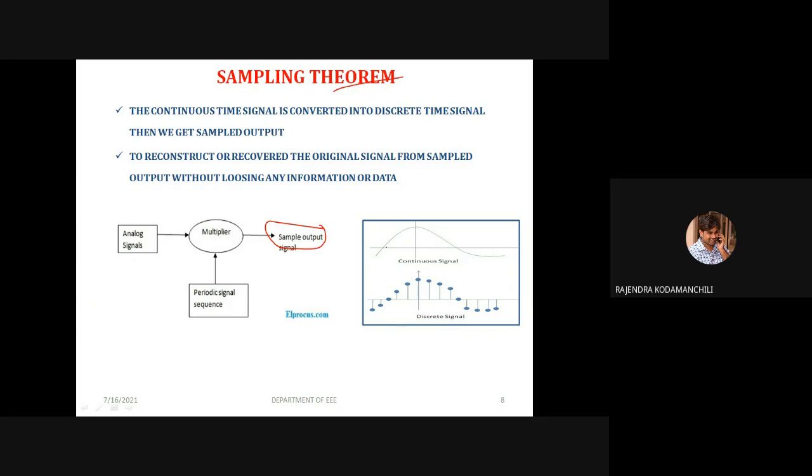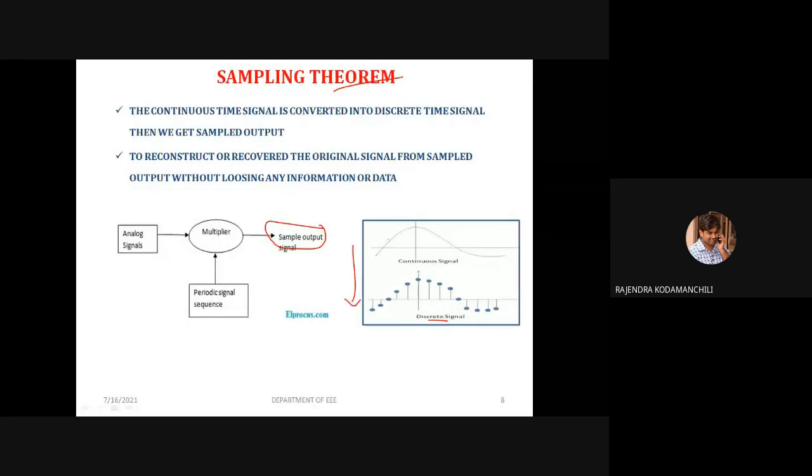Here, once again, we all know around and surrounding us, all the available signals are continuous in nature. In order to convert the continuous time signal into our required signal, that is called a discrete signal. The process by which we convert the available continuous time signal into a discrete signal is called the sampling process.